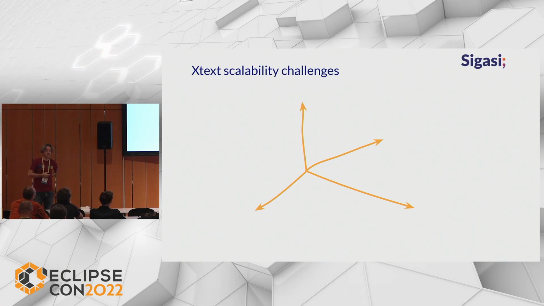So when you think about Xtext, it's considered to be a framework to build domain-specific languages. These usually have a handful of users and, depending on your imagination, a considerable amount of concepts, but they are not huge.